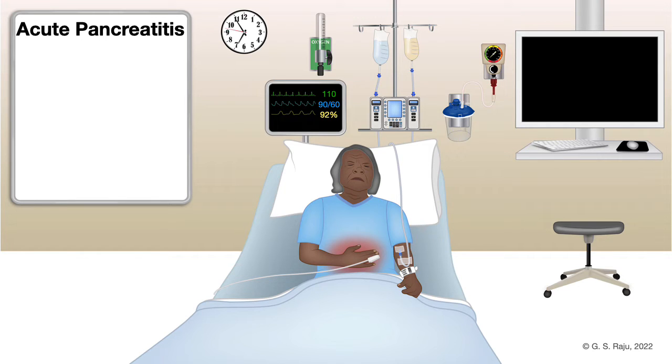Now, let us go and learn about the etiology and pathogenesis of acute pancreatitis. Here is a normal, healthy pancreas gland. The pancreas is an important gland for the digestion of proteins, fats, and also carbohydrates.